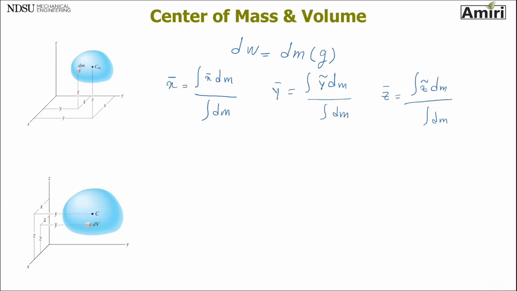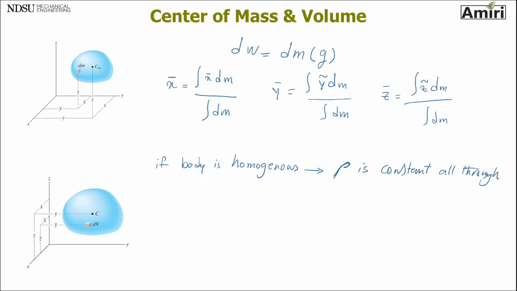Now think about it. If the rigid body is homogeneous, what does that mean? That means rho, the density, is constant all through.